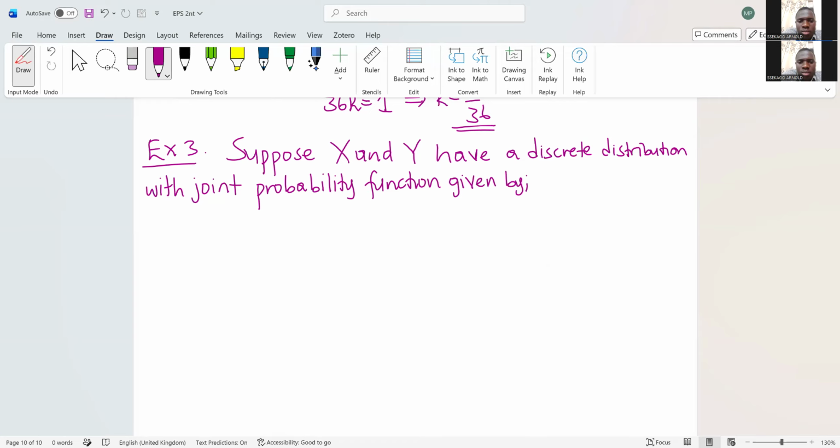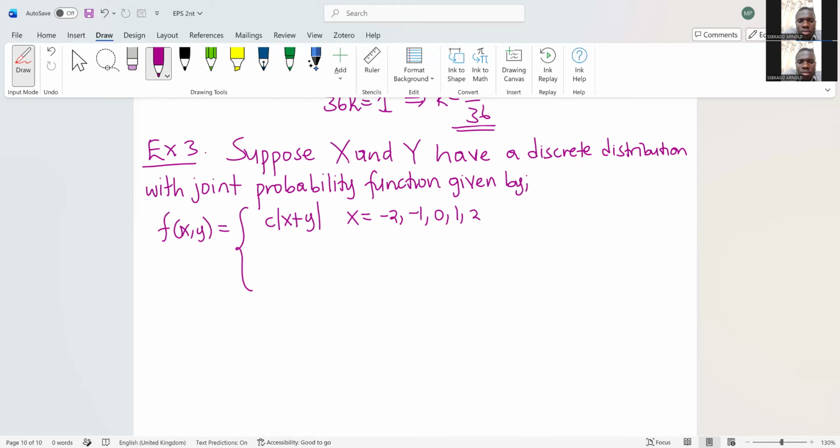Given by f of x, y. This is defined as C times the absolute value of x plus y, where C is a constant and x is taking on values -2, -1, 0, 1, 2.